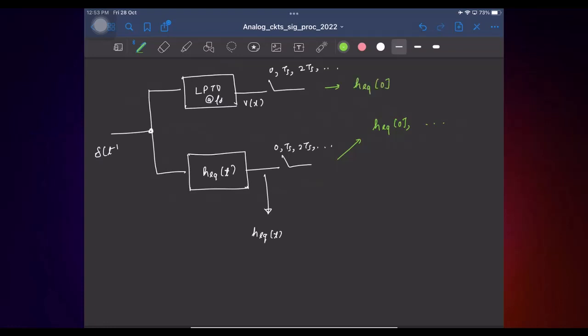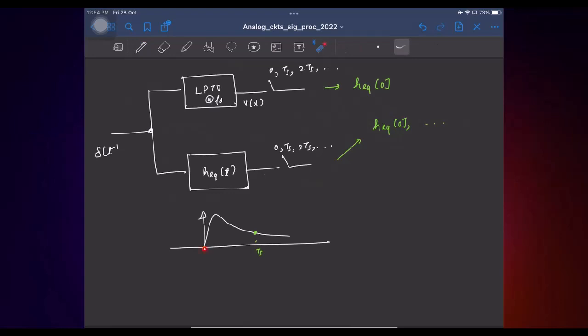Okay, so this is say t equal to 0, I apply an impulse. Okay, so this is, let us say, H equivalent of t. The first sample I can get by observing the first sample of the LPTV network. Similarly, the second sample will be the impulse response value at Ts, and third sample will be 2Ts and so on.